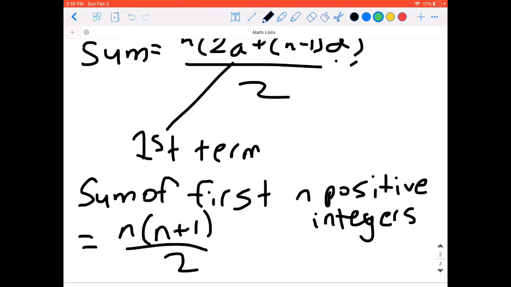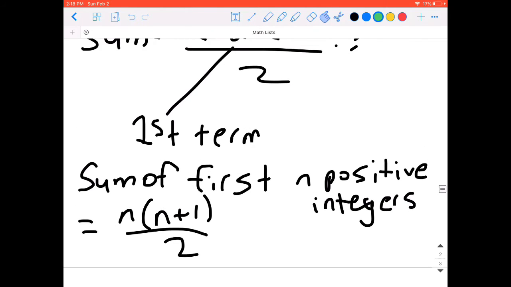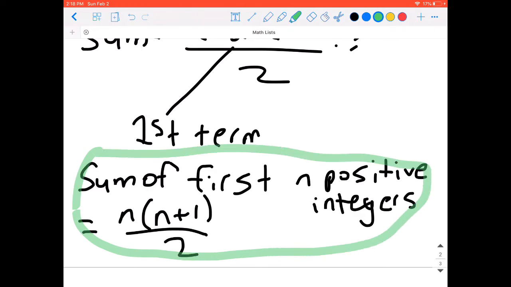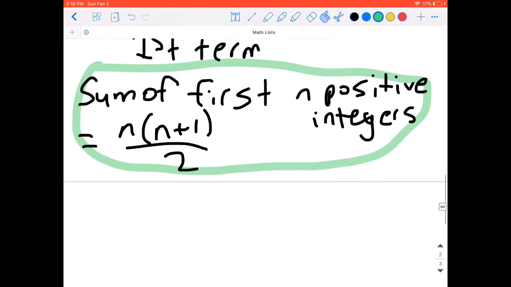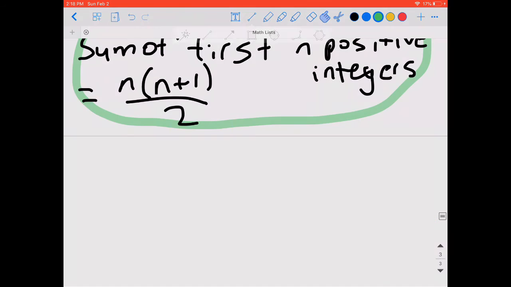Because n is the number of terms, n is also the final term, d is 1, and the first term, a, is equal to 1. So if you can't memorize the previous formula, then just use that. And that's pretty much it for arithmetic things.